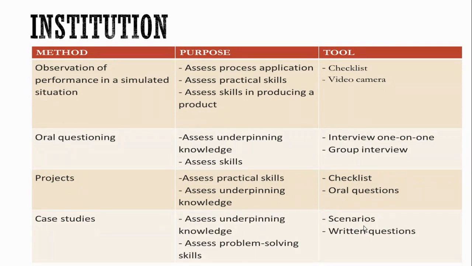So you need to look at your performance criteria, and then make a judgment if it is a process PC or a product PC, or both, and then see which method of assessment is applicable. Some of the tools you can use are, of course, an observation checklist, and at times you can take video cameras as part of your evidence.